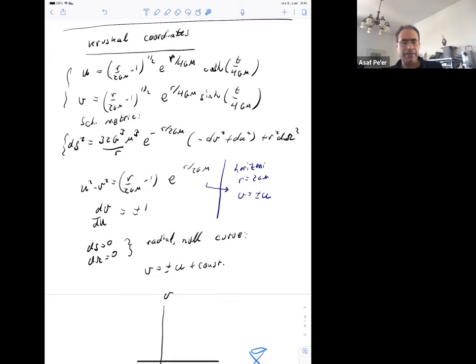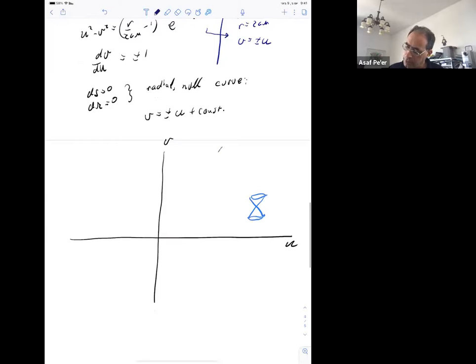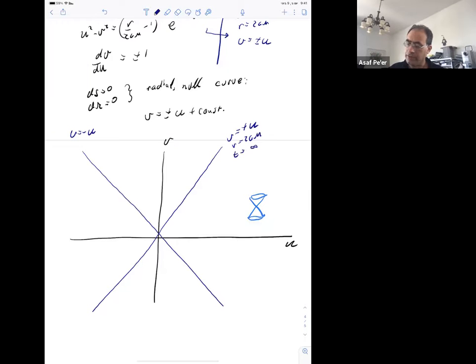So it's a 0 times infinite, which is ill-defined. So the correct way to define the horizon is v equal to plus or minus u, meaning that it will look something like that. This is the horizon. So v equal to plus u, v equal to minus u. At one branch, r is equal to 2GM and t is equal to infinity. Here it's r equal to 2GM and t equal to minus infinity.